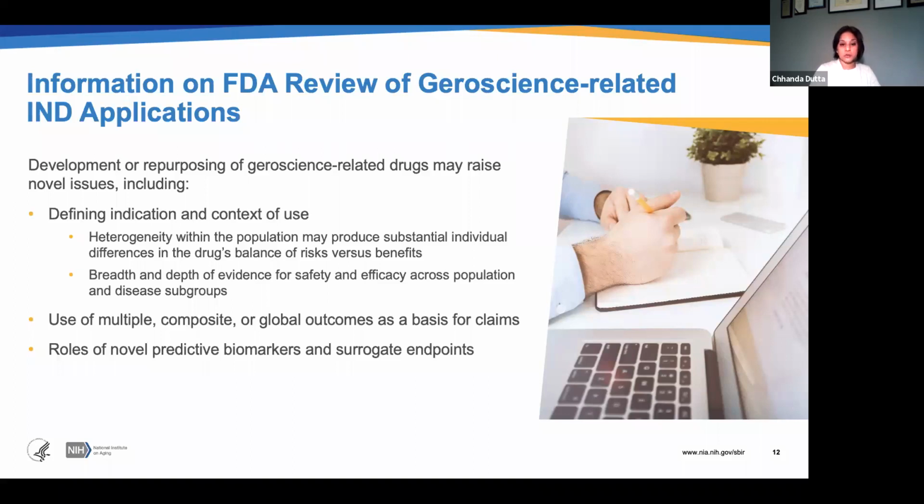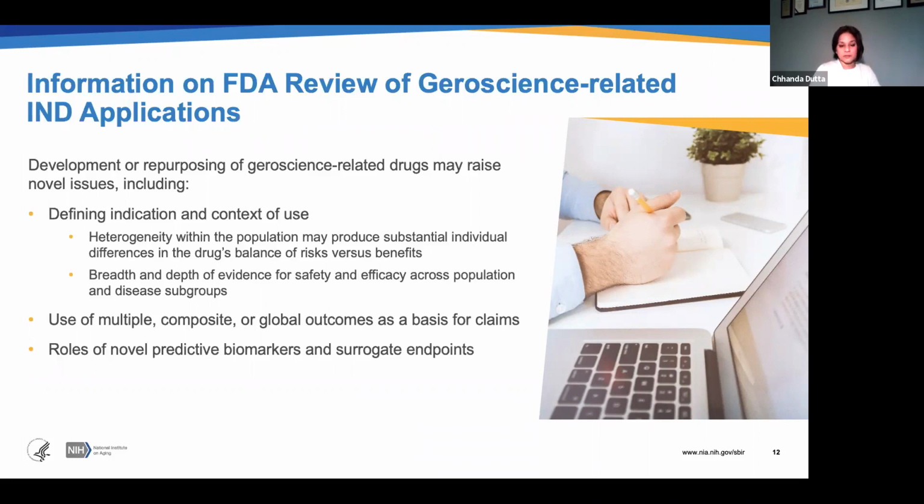Or you can use global outcomes such as disability or all-cause mortality as the basis for claims. What we're intending for you to do within your applications for this RFA is to give these issues some thought well in advance of the point where you may reach a first-in-human study, so that it's a more informed preclinical drug development process and less likely to fail in the future if you plan for these things in advance.